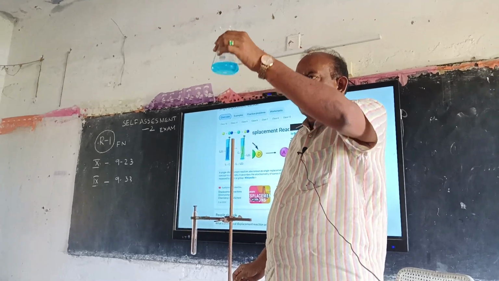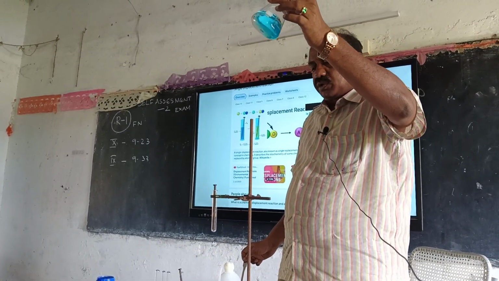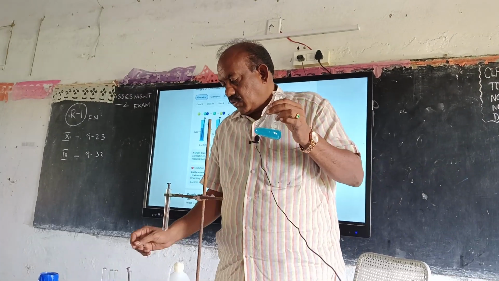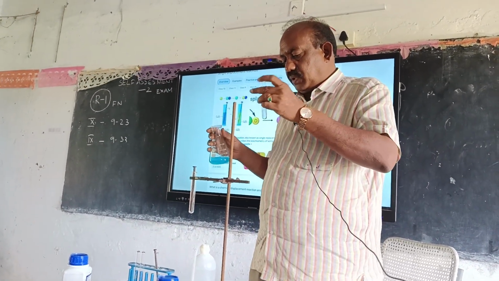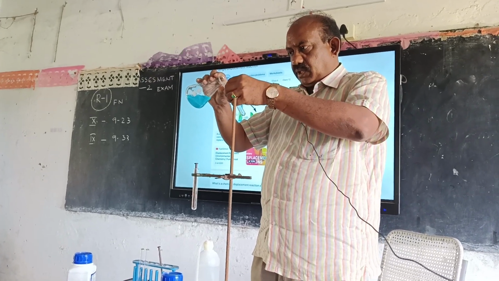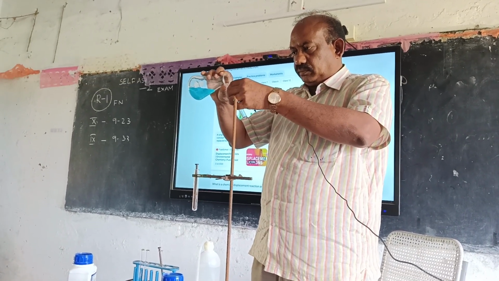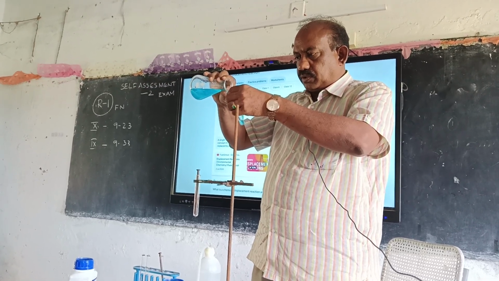Now take approximately 10 ml of copper sulfate solution in a test tube. In 2 test tubes.